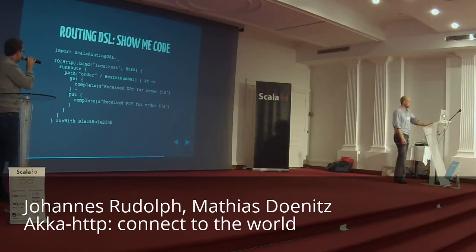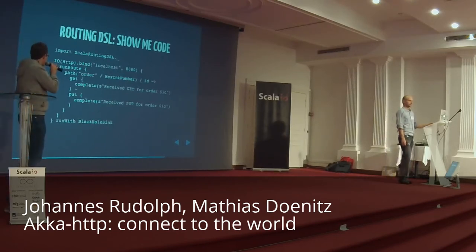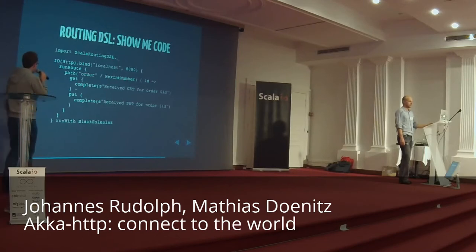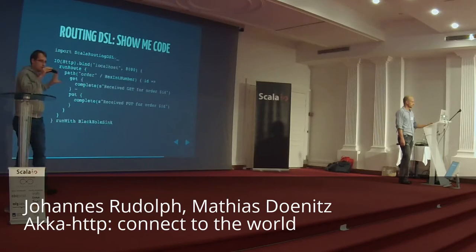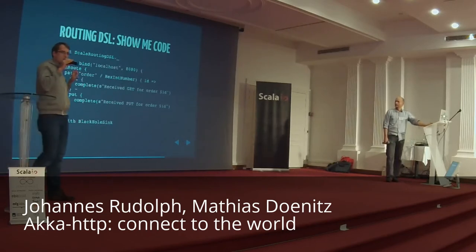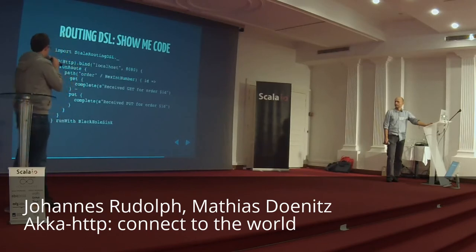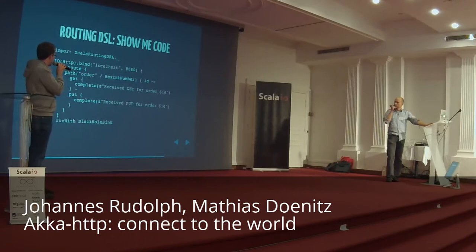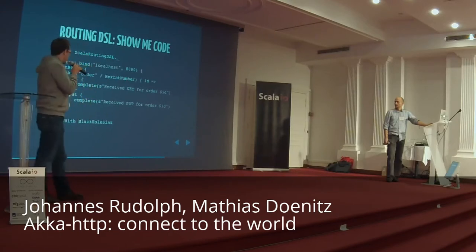So this is another example than before, but you still see we have the IO HTTP bind. It's basically the same code as before, and run with by coding, so this is the same. But now to provide the implementation of your handler, you can use our routing DSL. You wrap it with run route, and inside you have a tree of directives which specify how requests should be handled.